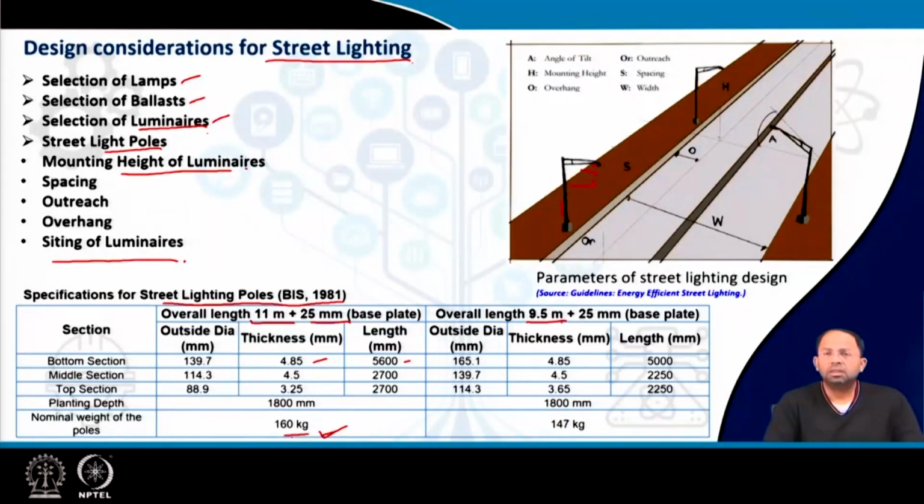Because based on the weight, sometimes the cost is determined based on material as well as the weight of the pole. Sometimes there are a lot of accidents along the streets, and many times these poles are damaged because of accidents and have to be replaced. So all these parameters come into play in determining the cost of replacement, as well as repairing, as well as removing the pole from one location to another.